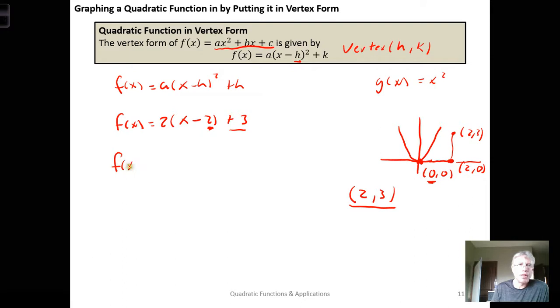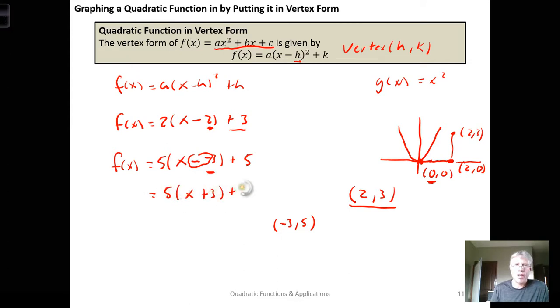If instead I had a function that looked like x minus negative 3 plus 5, for example, then the vertex is located at (-3, 5). And if I combine this double negation, I recognize that I could rewrite this as x plus 3 plus 5.